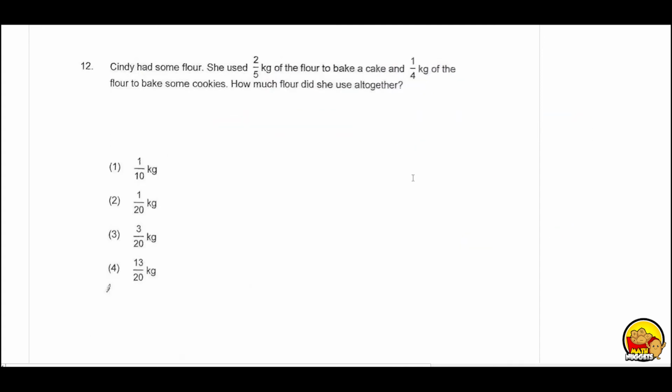Number 12. Cindy had some flour. She used 2/5 kg to bake a cake, 1/4 kg to bake some cookies, and how much flour did she use altogether? Now we simply need to take how much she used for the cake, add together with how much she used for the cookies, then that will be the answer.